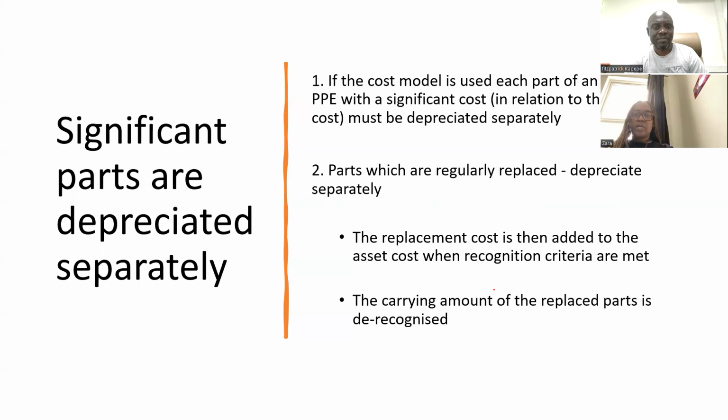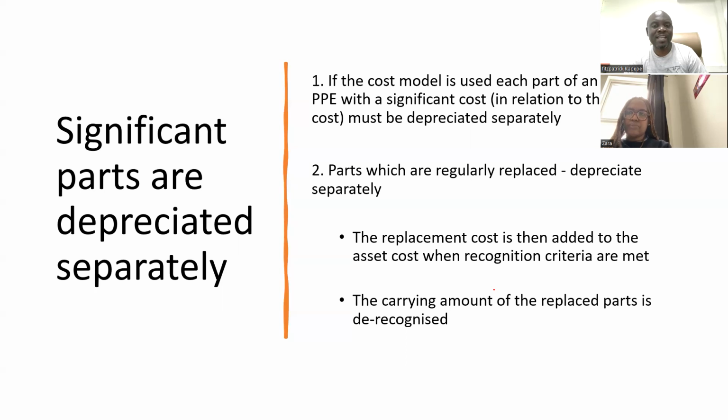Like the wing can be different to whatever else. So if the cost model is used, each part of an item of PPE with a significant cost in relation to the total cost must be depreciated separately. So parts which are regularly replaced are depreciated separately.